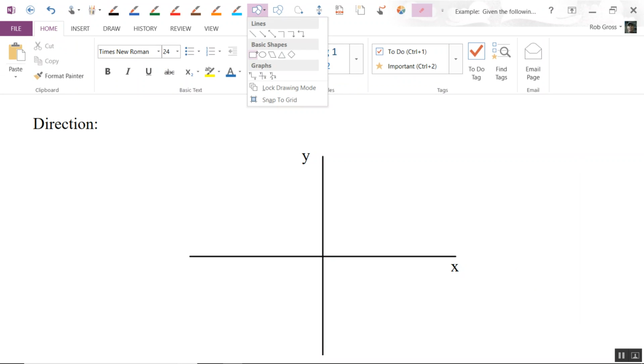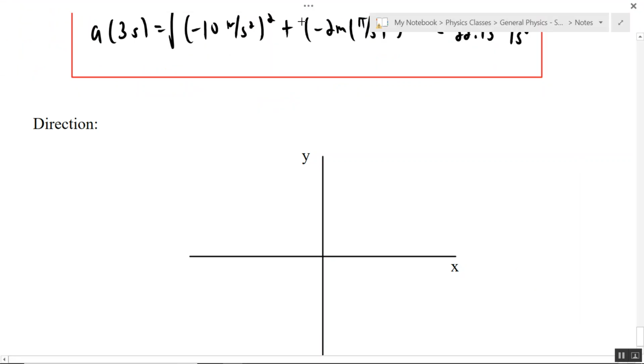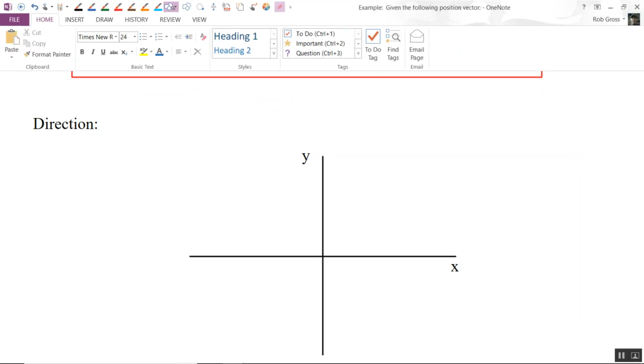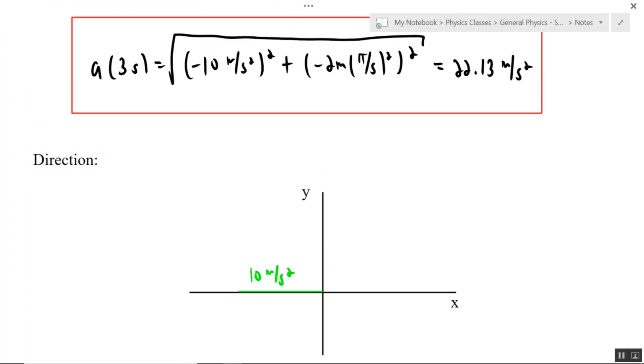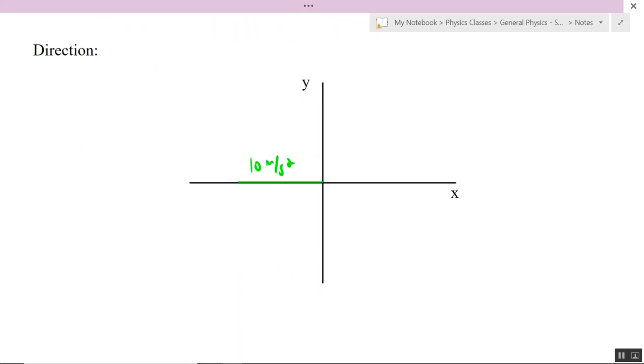It's 10 meters per second squared in the negative x direction. And then it's 2 pi meters per second squared in the negative y direction, right? So it looks like this.